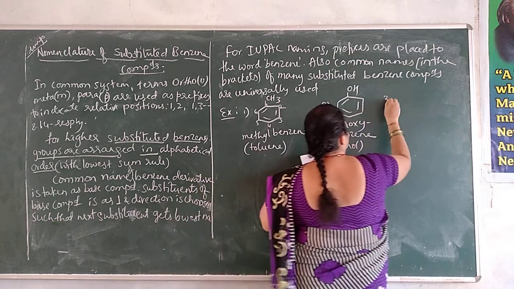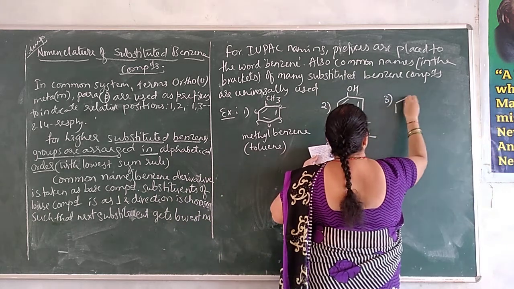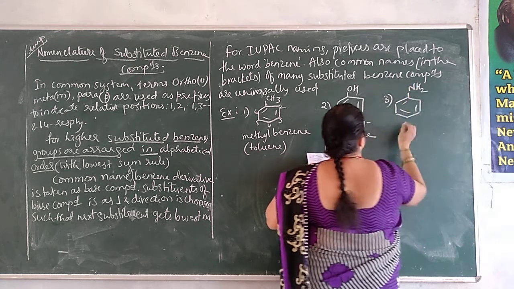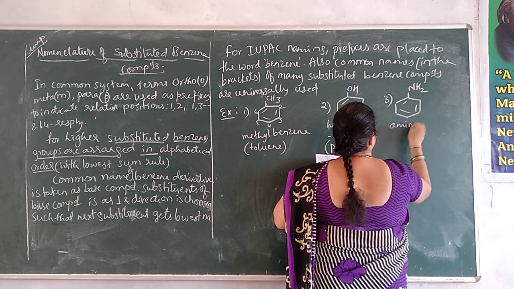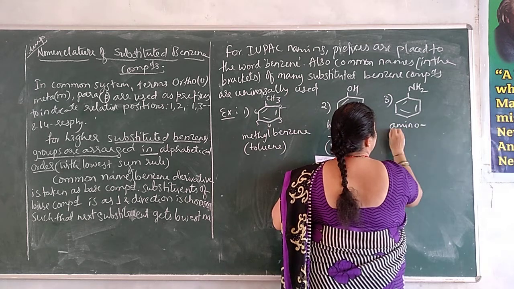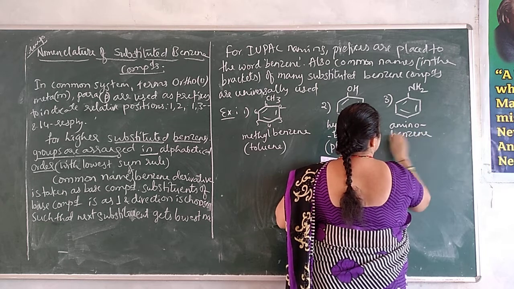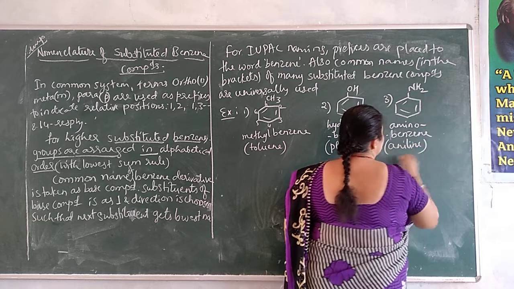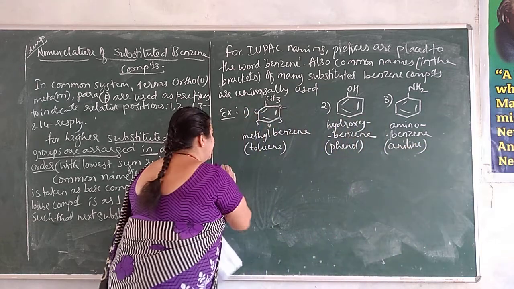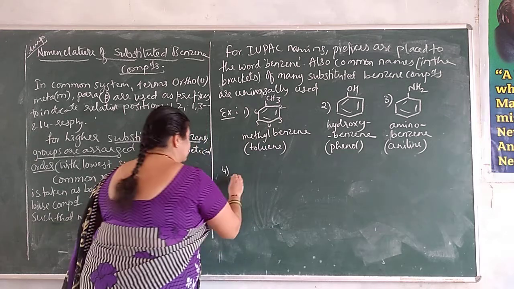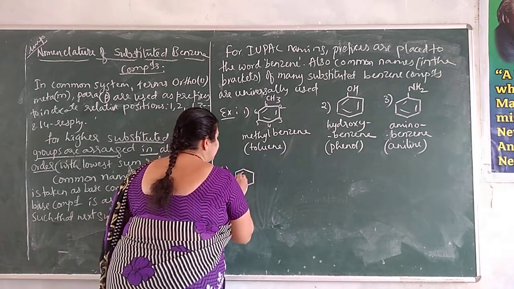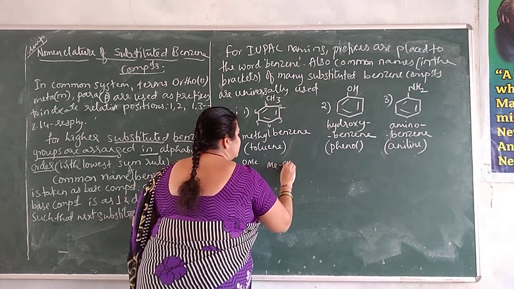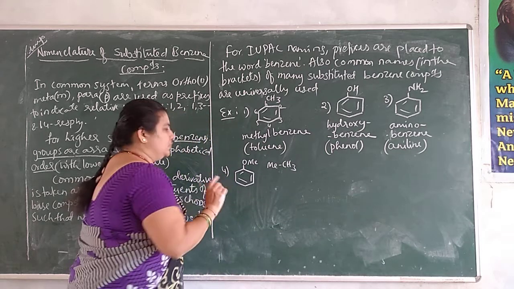Third example, for the benzene ring an NH2 group is attached, so amino is the prefix and the parent chain is benzene, so aminobenzene is the name, or in the common name we use the word aniline. Now the fourth one, for the benzene ring, OMe, Me means methyl group, OCH3 group is present.